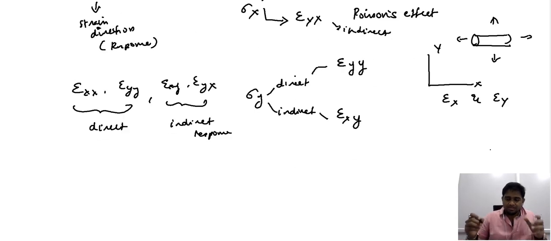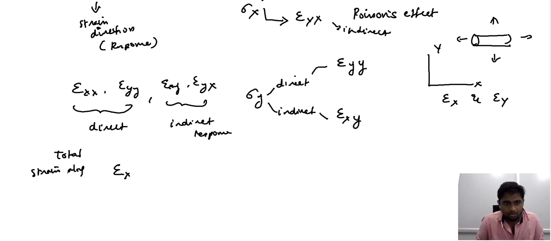Now since we want to express the total strain along the x-axis, this term here represents the total strain along the x-axis. This term can be expressed as the sum of the two strains that we observe along the x-axis. If you recollect, the first subscript indicates the direction of the response.